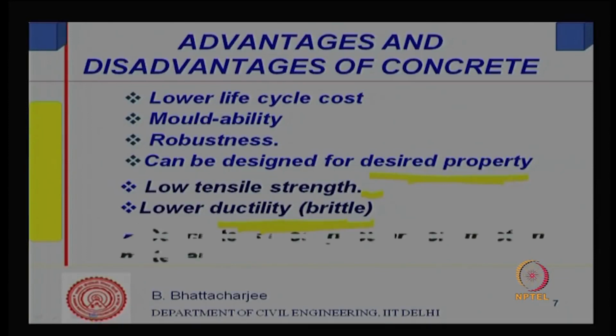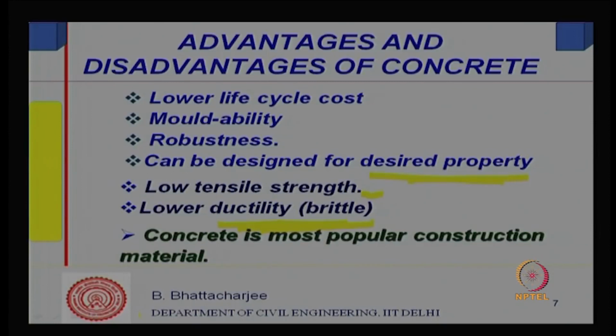That is why concrete is the most popular material on earth. In fact, human beings consume water first, and the next material is concrete. Cement is next to water consumed by human beings. So, this is a very popular material because it has all these advantages.